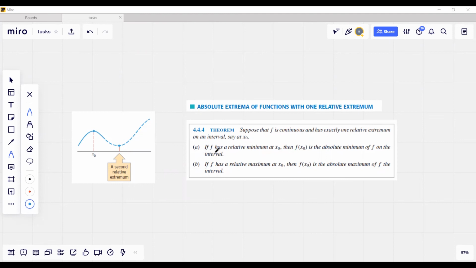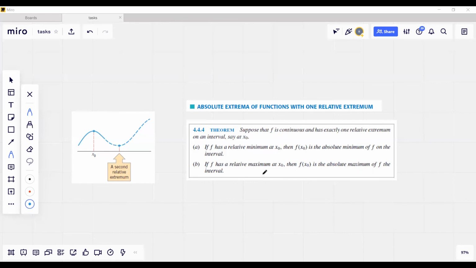So part A, if function f has a relative minimum at x0, then f at x0 is the absolute minimum of function f on the interval. And if function f has a relative maximum at x0, then f at x0 is the absolute maximum of the function f on the interval.